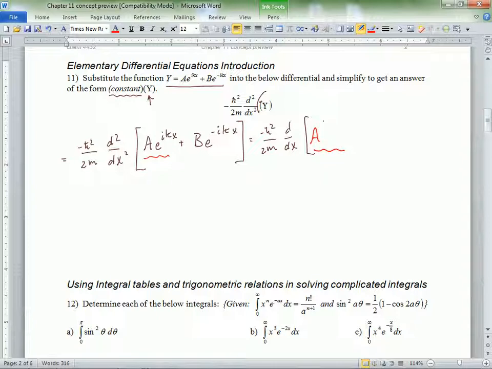In fact, make your life easier: pull out the A. You don't even care about it. All you're really interested in is e to the i kx. So what's the derivative of e to the i kx? e to the i kx again, with respect to x. We're not quite done, though. Then times i k.